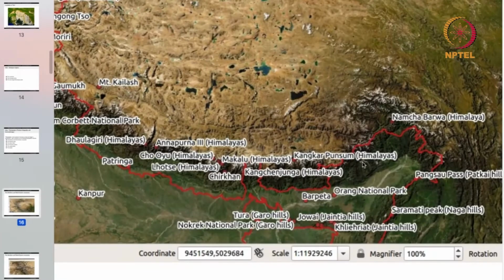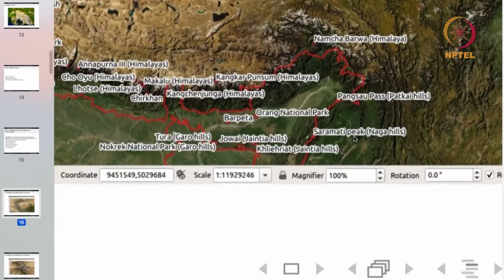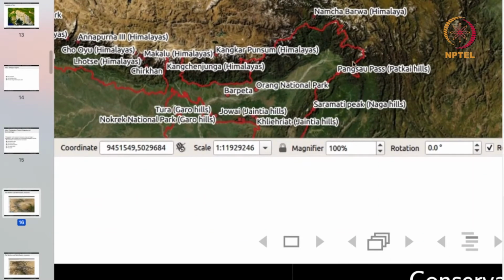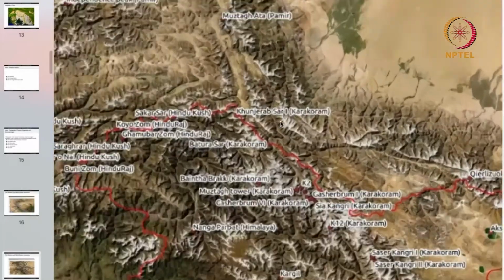Then we have the Kanchenjunga. Here we have the Namcha Barwa, the easternmost edge of the Himalayas. At this point the Himalayas take a turn towards the south. And then in the northeast we have the Patkai Hills, Naga Hills, Jaintia Hills, Garo Hills and so on.